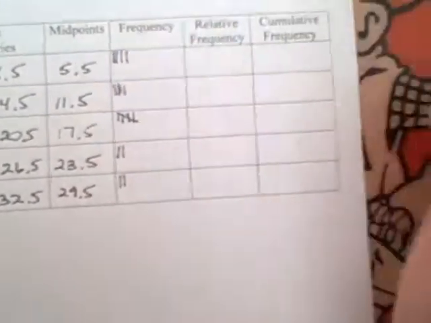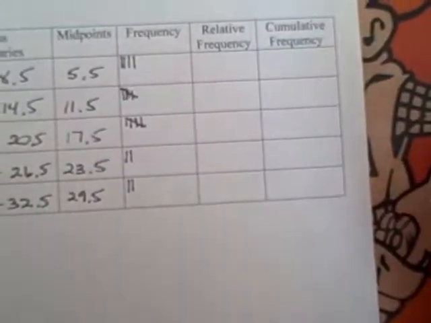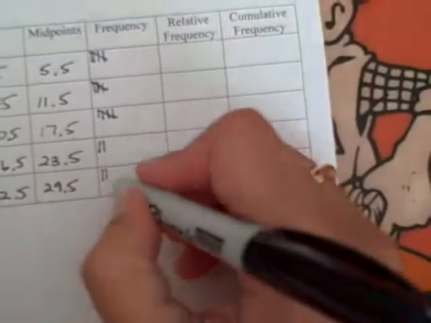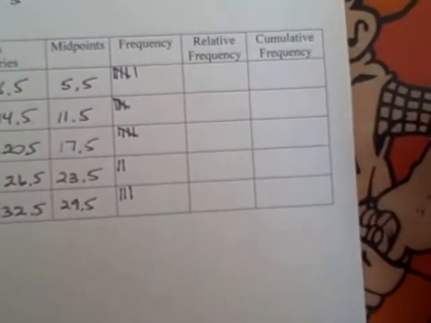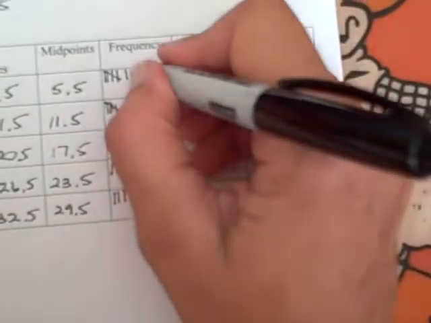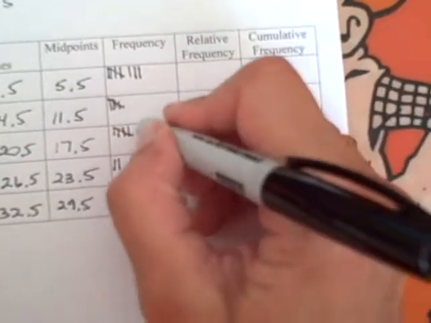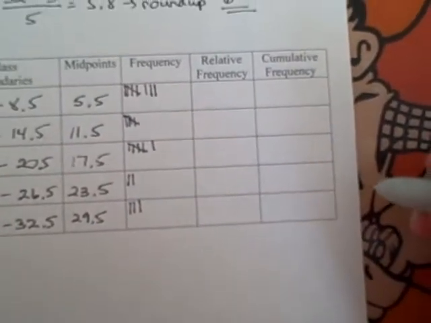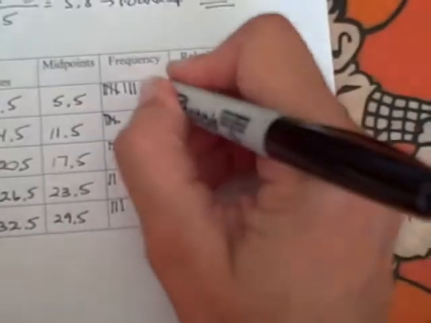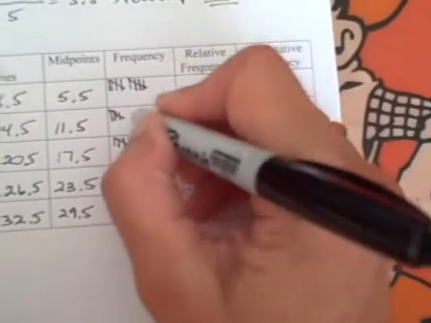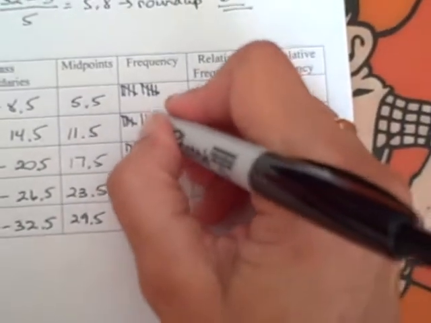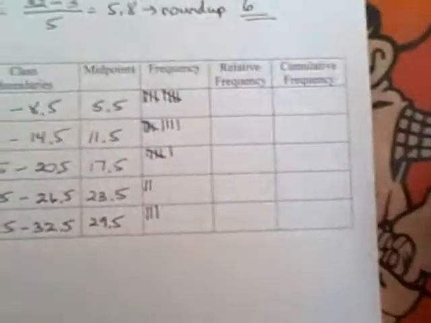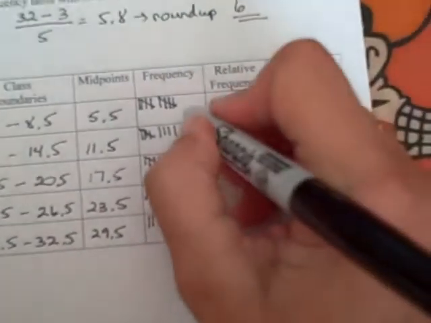Then 7, 28, 8. Then 6, 5, 15. Then 8, 6, 11. And then 11, 11, 9. So the frequency for the first class is 10.